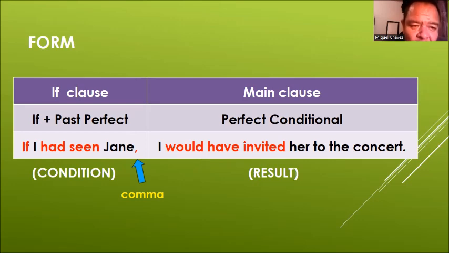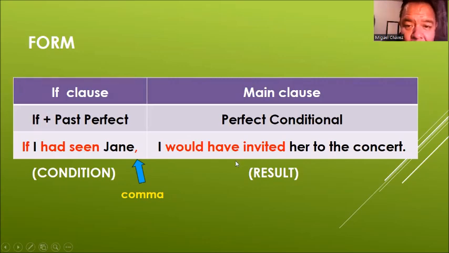Let's check the example that we have in this slide. If I had seen Jane, I would have invited her to the concert. If you check in the first part, we have the past perfect, where we use the auxiliary verb had, followed by the past participle of the main verb.